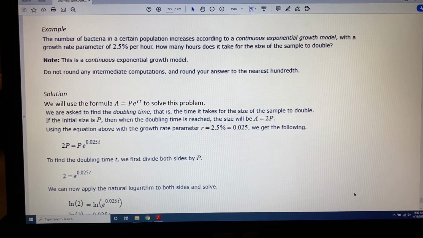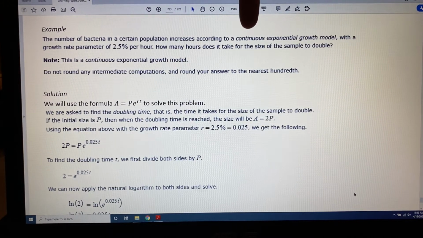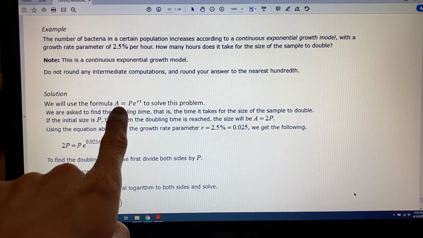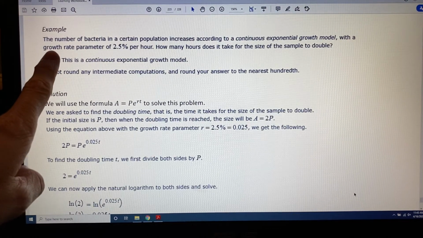All right, before we begin solving this problem, there are a few things that you want to take special note of. The first is that it is a continuous model. This is telling us what equation we should use. We should use the equation A equals Pe to the rt, or A of t equals A naught e to the kt. Remember, those are the same equation. The second thing we want to pay attention to is the fact that it says growth.